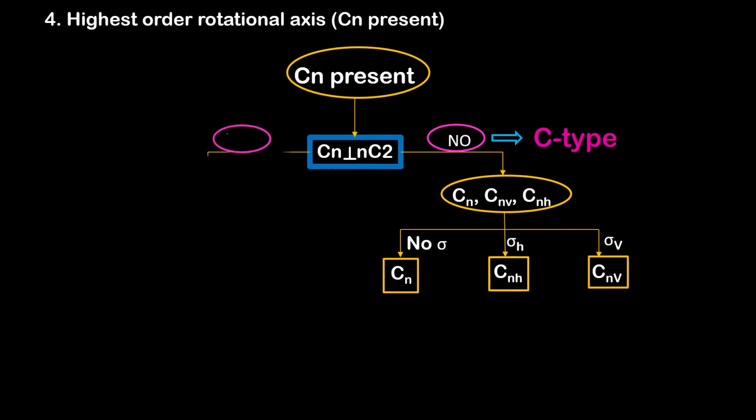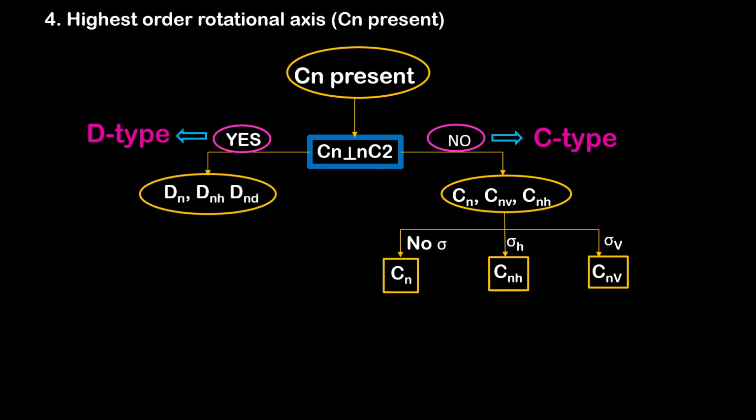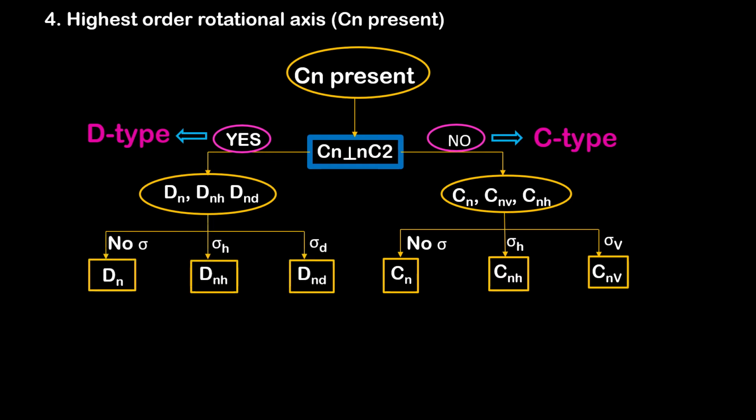If the molecule has Cn perpendicular and C2 symmetry elements, then it belongs to the D type of the point group and it is further classified into Dn, Dnh and Dnd point groups. If the molecule has no sigma, then Dn point group.